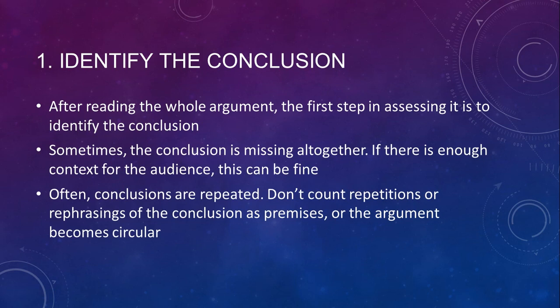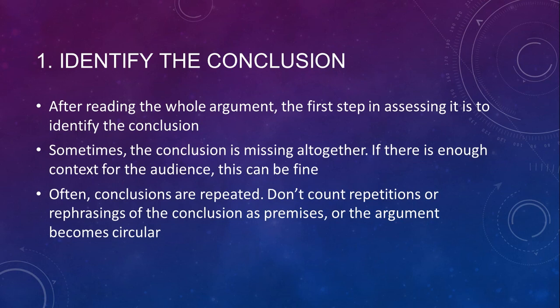But in the interest of operating on the principle of charity, your job should be to pick the conclusion that makes the most sense of the argument, assume that they're giving you a bunch of reasons for something, and pick the conclusion that collects the most of the text into premises that have reasonable relations with the conclusion. And also, don't count repetitions or rephrasings of the conclusion as premises. Again, on the principle of charity, because that's a terrible argument, right?